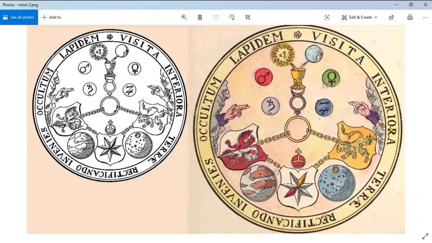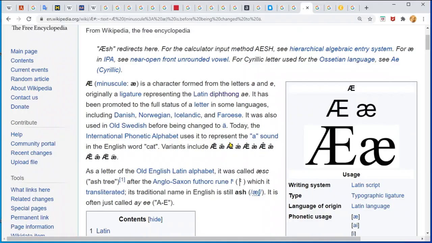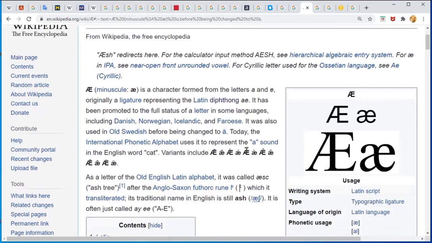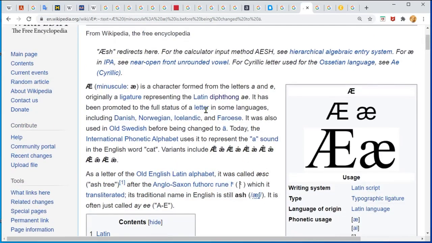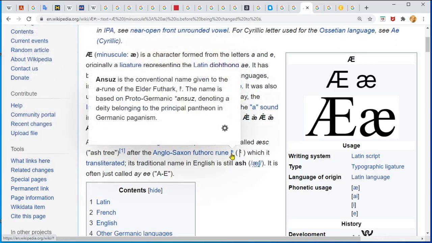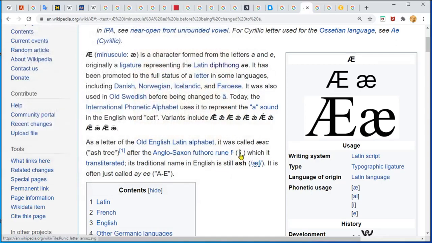the rain terroir. And then this AE here, it's called a diphthong. And so you can read all about it, and they're going to tell you some bullshit about how it changes the sound of the letter, but this is ash. This is old rune ash, and this was the god of Odin, the ash.